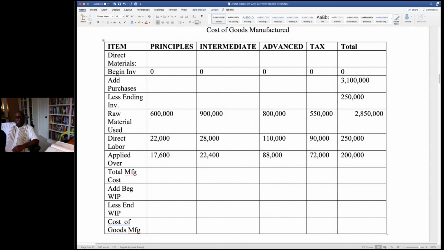Let me see where to pull this number. I believe this is going to be the total that you have on the debit side in your work in process T chart for each one. So for principals, we have 693,600.